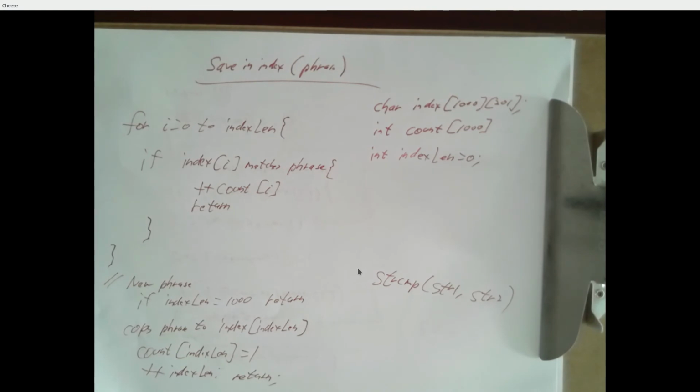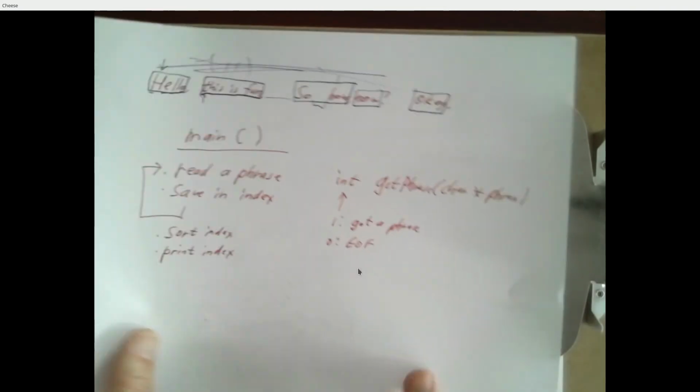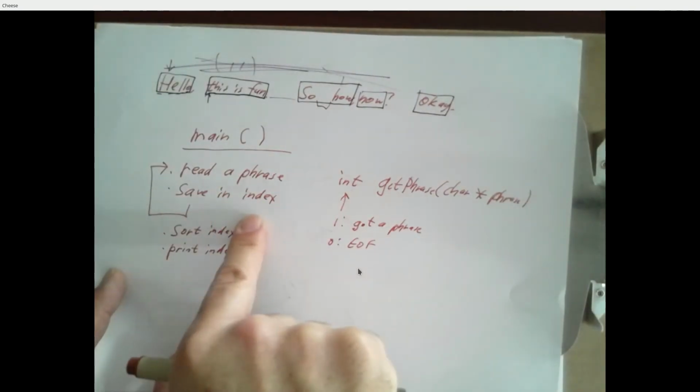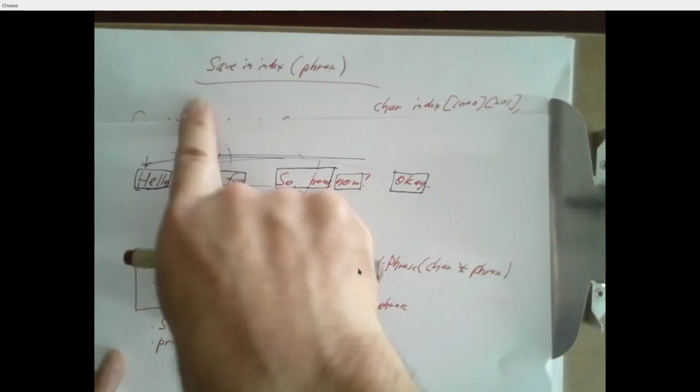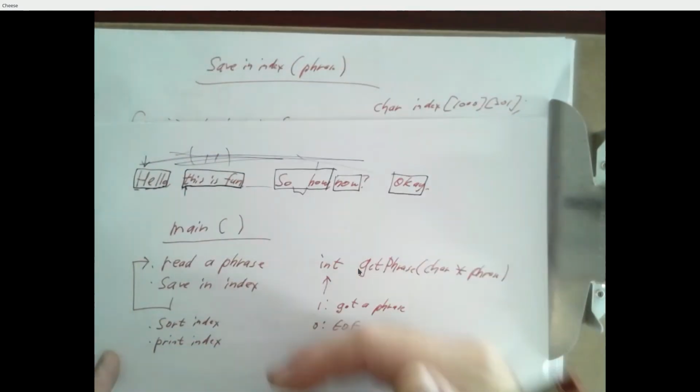So when you're breaking a program or a task into pieces like this, it's important to have a pretty good idea what the behavior of those pieces are going to be at a high level. You don't necessarily need to get down to pseudocode at this stage, but you want a really clear idea in your head of what does read a phrase mean, what does save an index mean? So I'm going to make something called get phrase, and something called save an index. What are the behaviors of those?